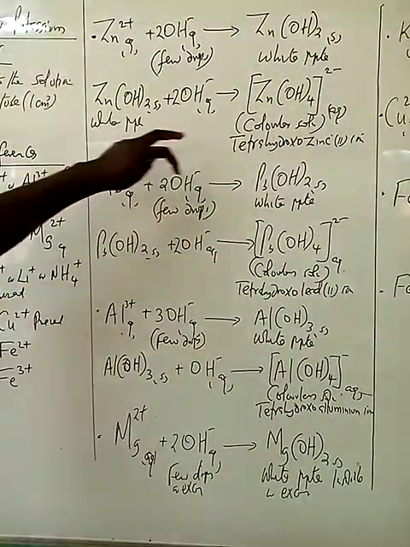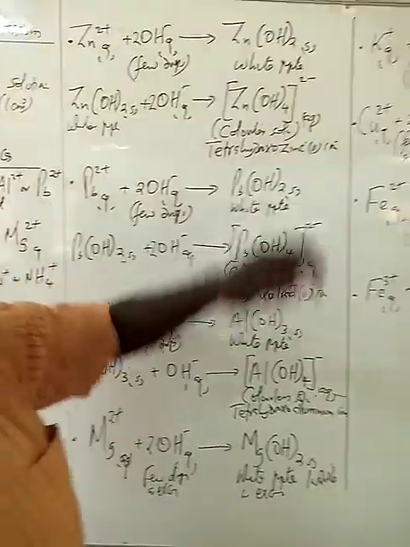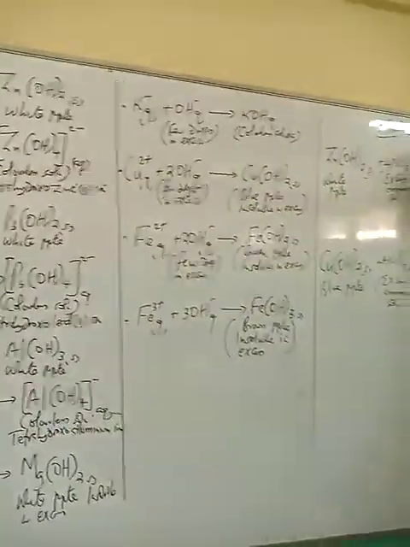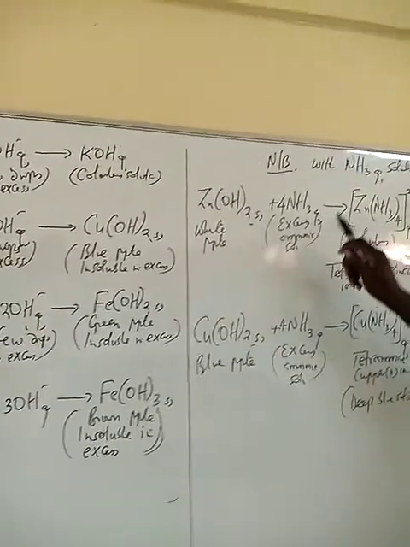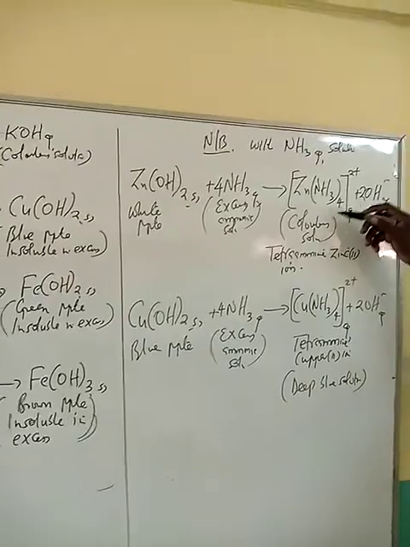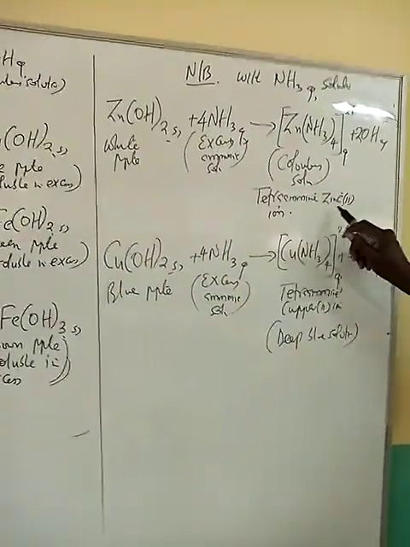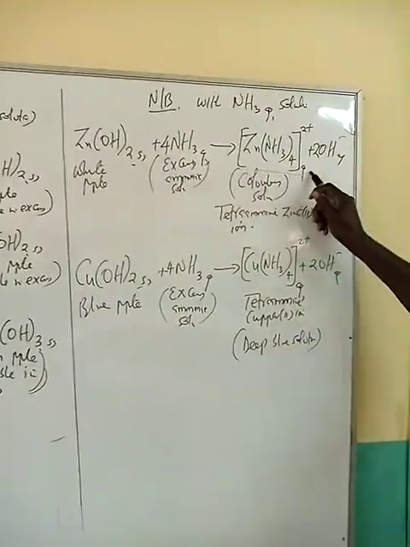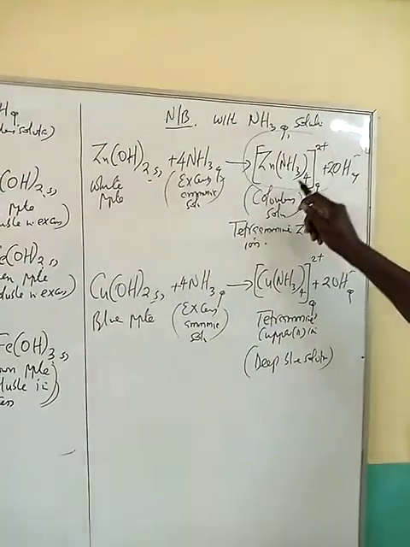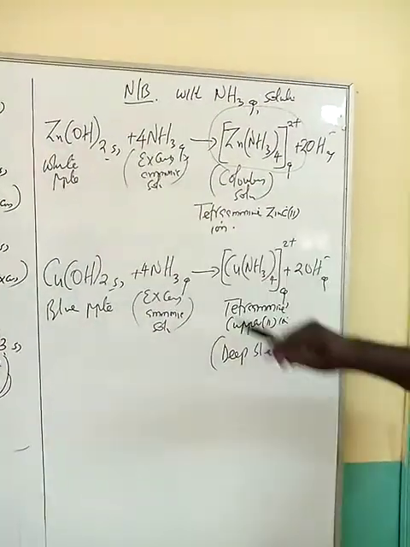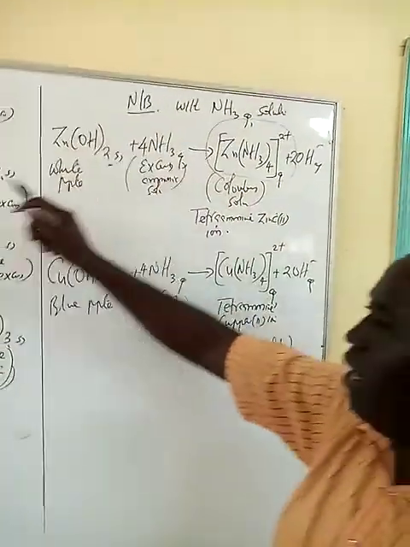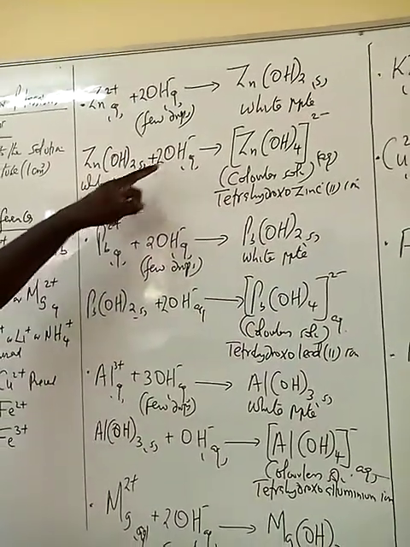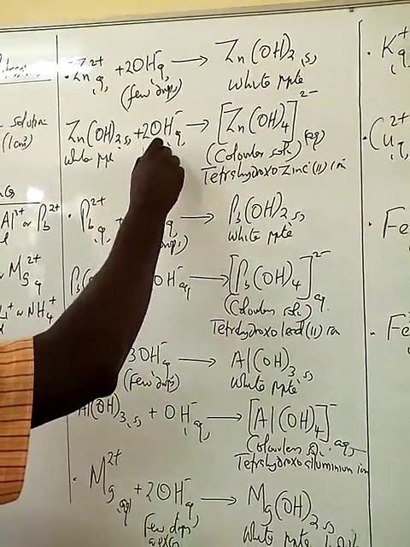Let us compare this ion with the ammonia case. With ammonia, the white precipitate will also dissolve, but it dissolves because of the formation of tetraamine zinc 2 ion. And look at the tetraamine with ammonia. It is a cation. That one is an anion. So this one is tetraamine zinc 2 ion with excess ammonia, and this one is tetrahydroxo zinc 2 ion with excess sodium hydroxide.